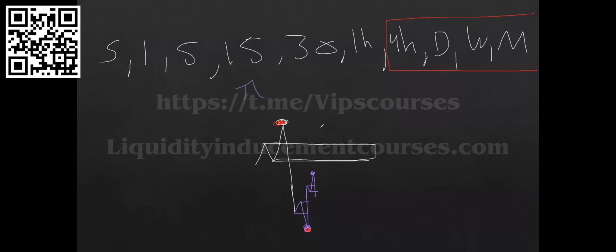The range formed the low and the high on the 15-minute. You didn't need to go lower because you saw it. It was clear as day. So you don't have to go lower. So that's a 15-minute range right here. In other words, a lower time frame range inside of the higher time frame.